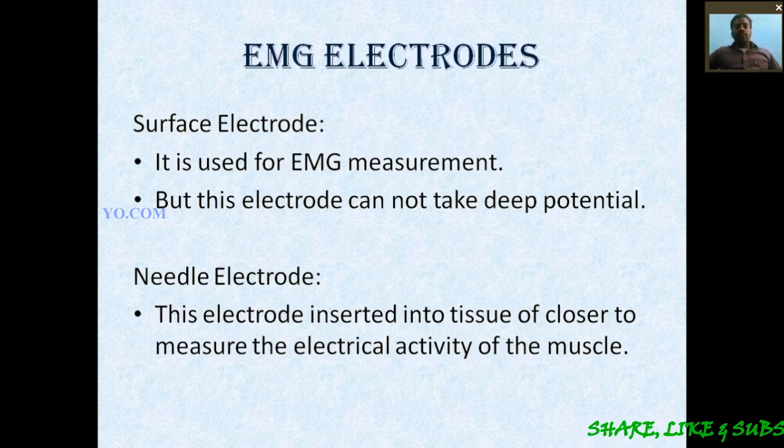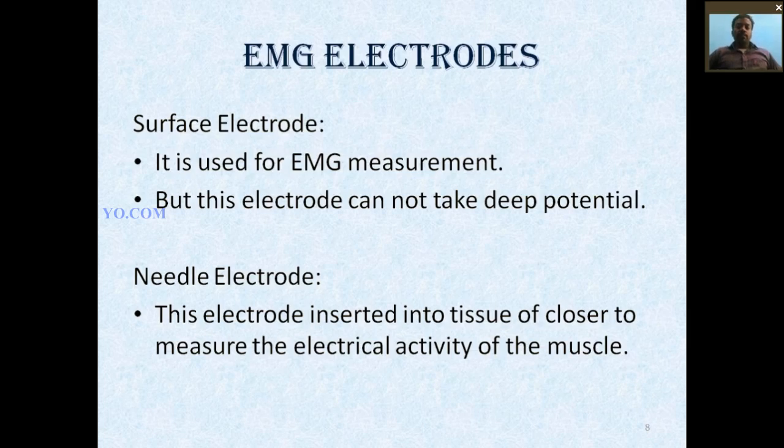What are the electrodes that are used to measure the electromyograph? Mostly they are using two electrodes. One is a surface electrode and another is a needle electrode. The surface electrode is placed over the human body where we are going to measure EMG. This surface electrode cannot measure the deep potential, because the surface electrode is placed over the human skin, on the outermost surface.